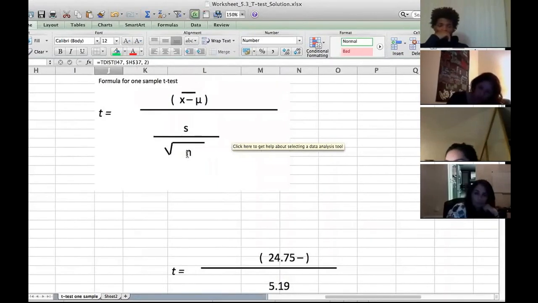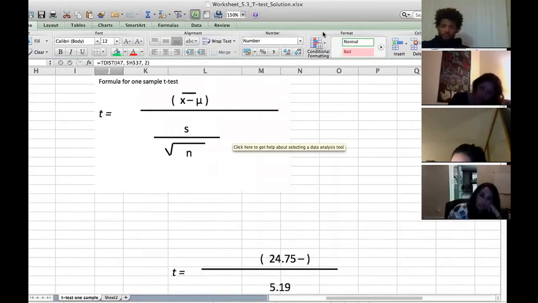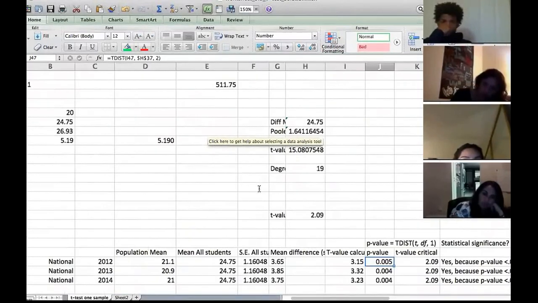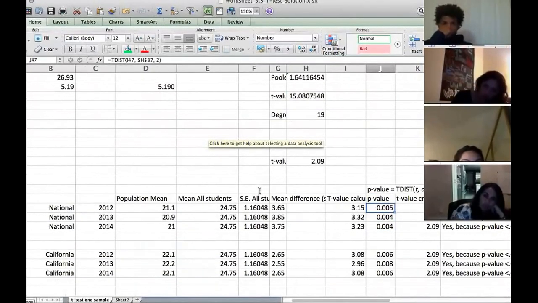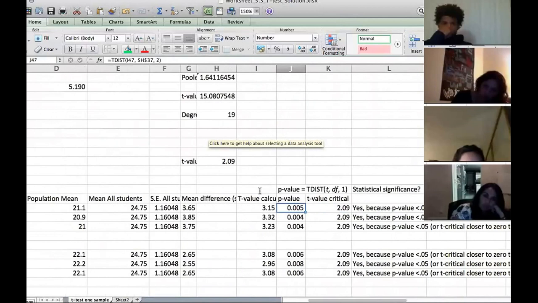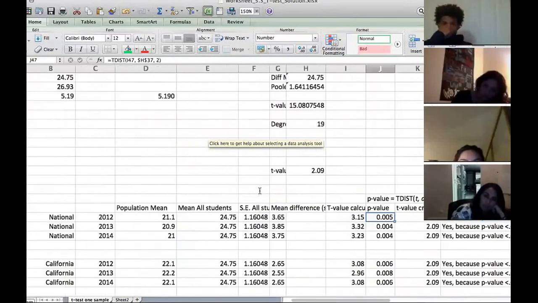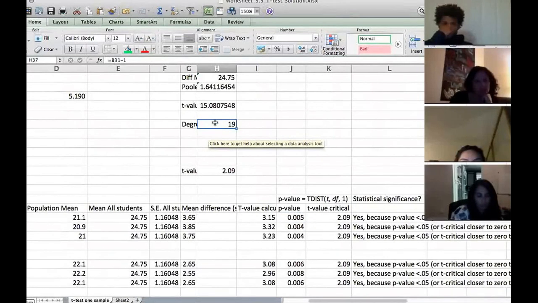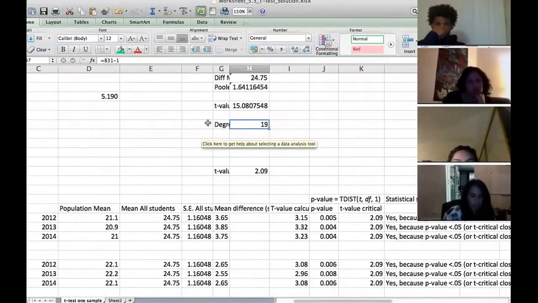So that's what the formula is, and that's why we use the n. On the other hand, for the degrees of freedom, we use n-1. So for the degrees of freedom, we use 20 minus 1, so we get 19.